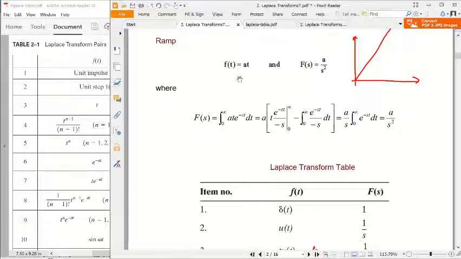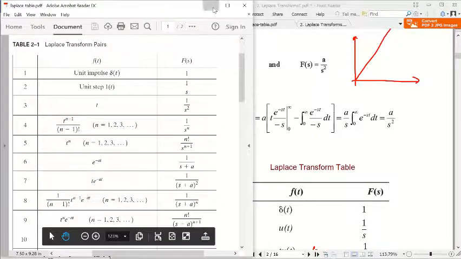Okay, so how are we going to get this value? You just apply this: integration of this function multiplied by e to the power of minus st. Then you do the integration. If you forget how to do that integration, hang on, let me show you.